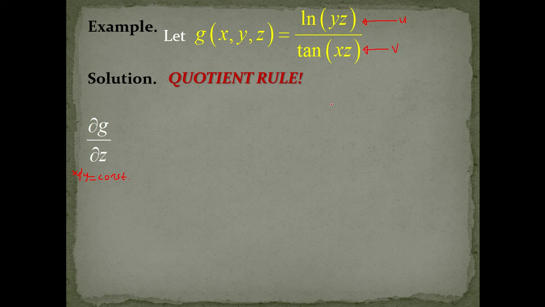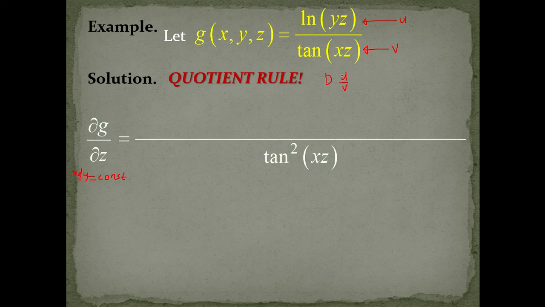Alright, so using the formula, same formula, v, okay, so then just write the denominator because the formula says that the derivative of the quotient of u and v with respect to z, this time, would be v times derivative of u with respect to z, then minus u times the derivative of v with respect to z, and divided by v squared.